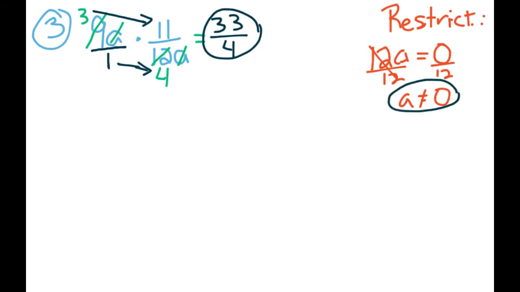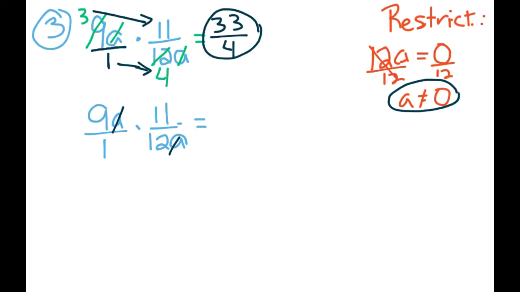Okay. Now don't worry if you don't notice what will reduce in the numbers. This is the last time I'm going to do it both ways, but if we had started out with the 9a over 1 times 11 over 12a, and we notice that the a's will cancel out, but we don't notice anything about the numbers.